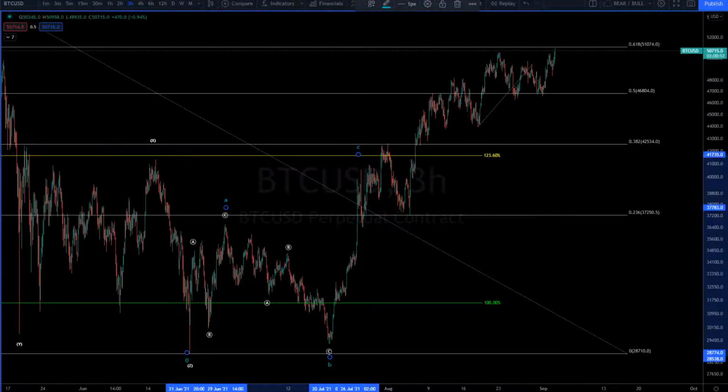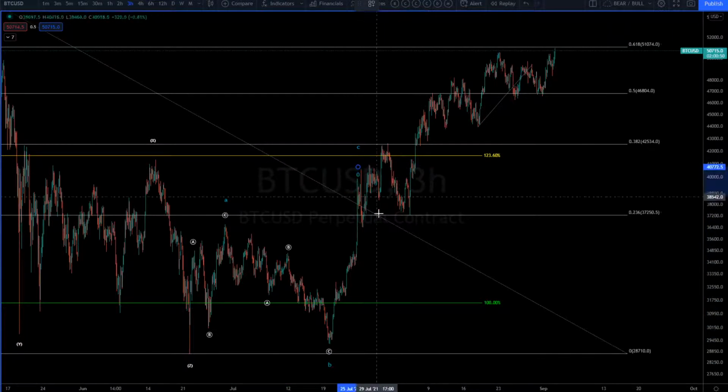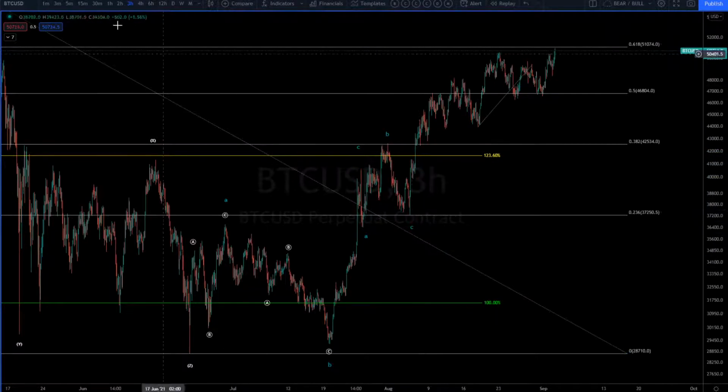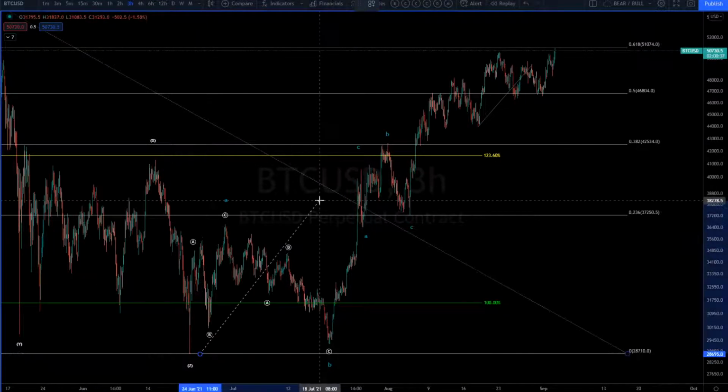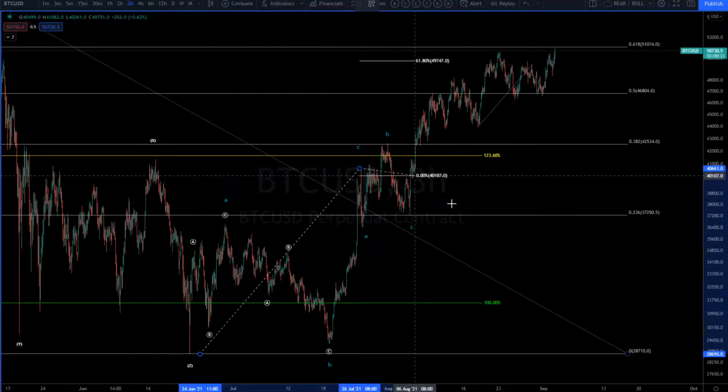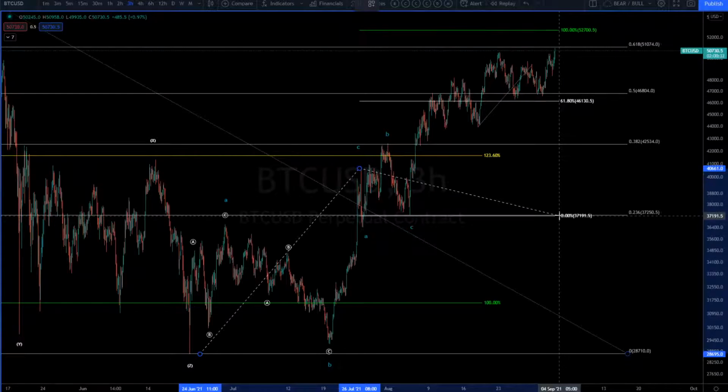So A, B, C, let's do it again from up here. A, B, C for an expanded flat. And then from here, let's just use our tool. If we're taking it from here, and we are now doing this as an A and then a B, we've got the C that would be sitting right up there.